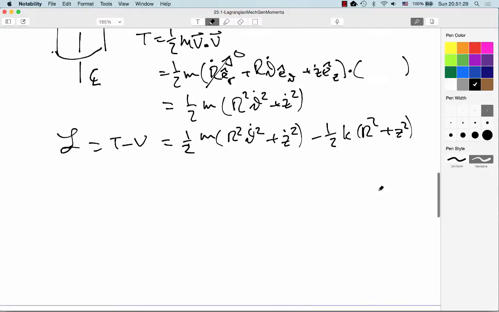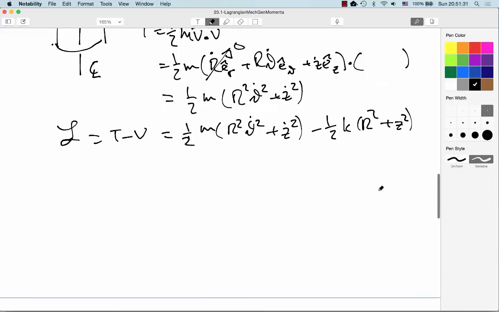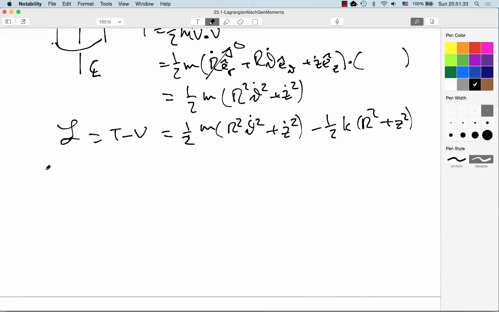So let's just go ahead and find our generalized momenta here. So p theta would be equal to partial L partial theta dot. No theta dependence there, theta dot dependence just here, differentiate, bring down the 2, cancel the half.